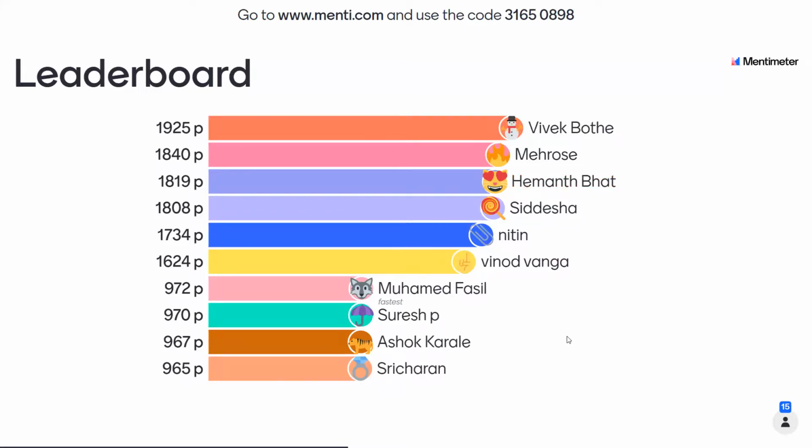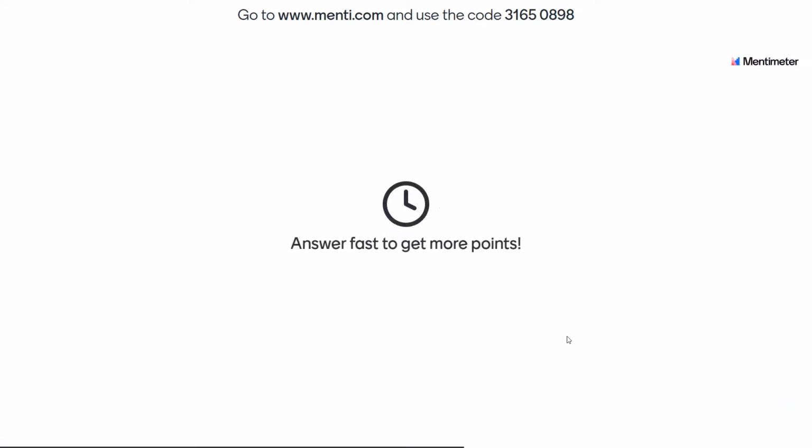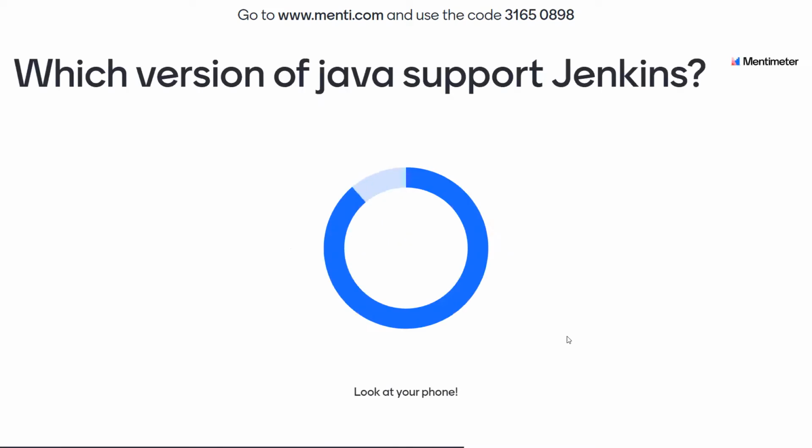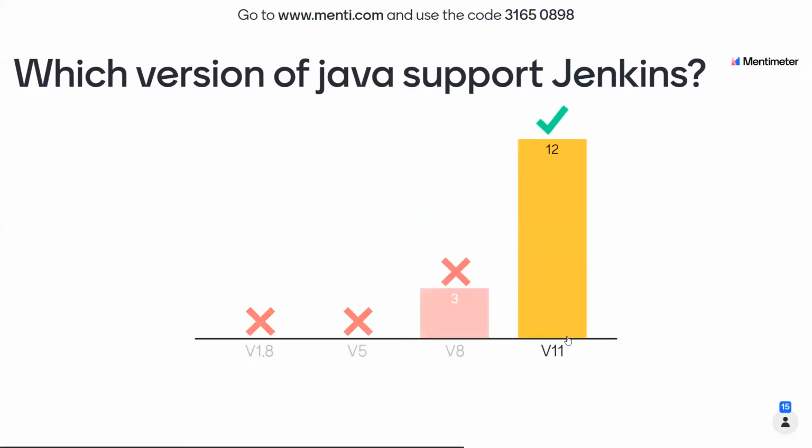Let's go for the next question. Which version of Java supports Jenkins? 1.8, version 5, version 8, version 11. Let's see the answer.